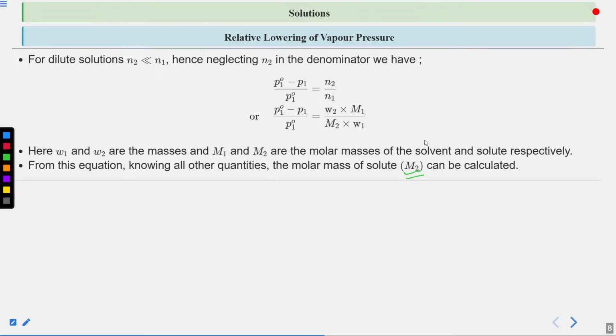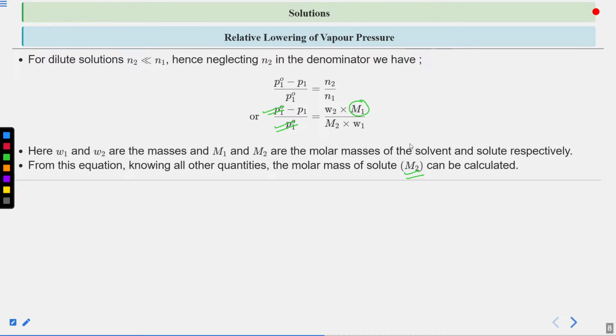This is the main goal of every colligative property, that we are interested in calculating the molecular mass of the unknown solute. If you add this solute to a known solvent, you have the idea of its mass and the weight, and you can easily measure the pressure from the experimental setup, and hence you can get the molecular mass of the solute.